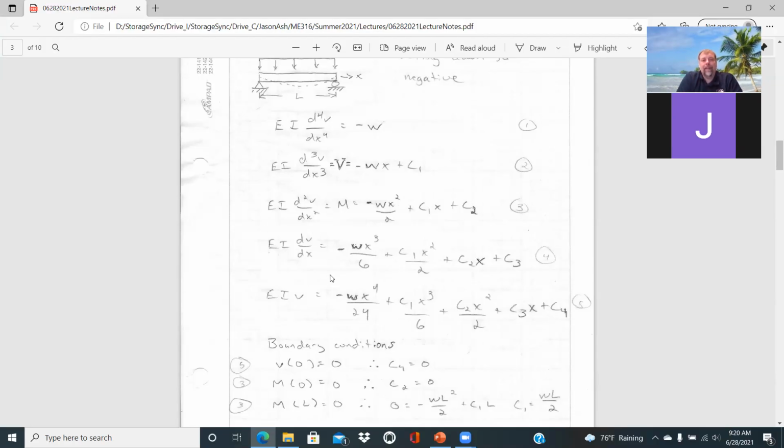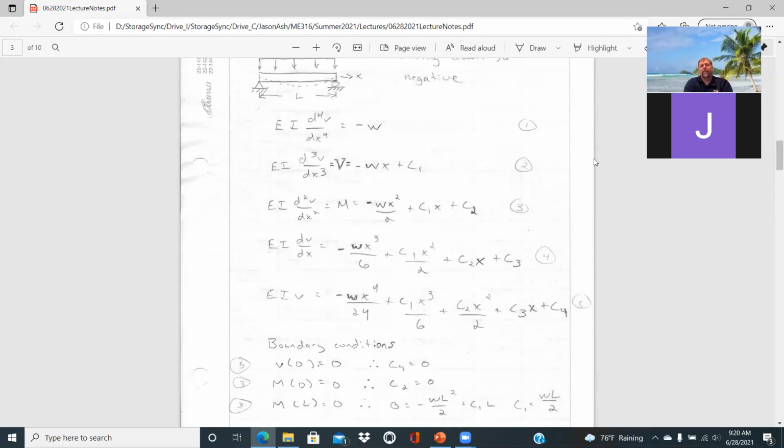Integrate back again: EI dv dx is equal to minus Wx cubed over 6 plus C1x squared over 2 plus C2x plus C3. And then integrate back one more time: EIv is equal to minus Wx to the fourth over 24 plus C1x cubed over 6 plus C2x squared over 2 plus C3x plus C4, which gives us our fifth equation.